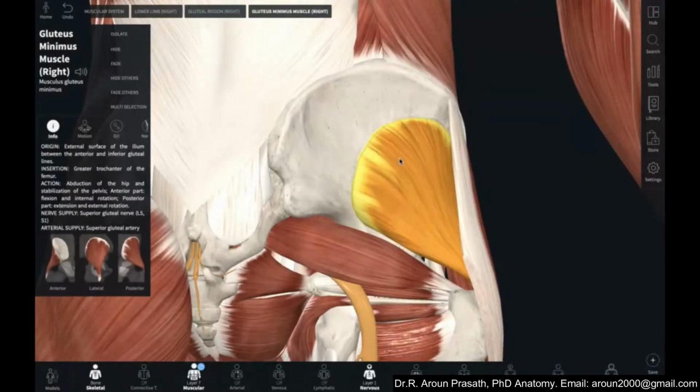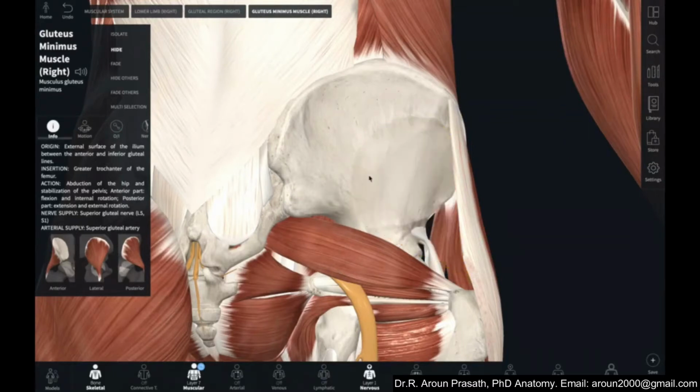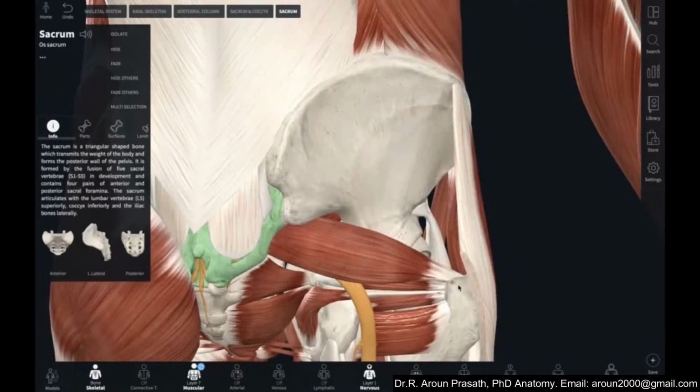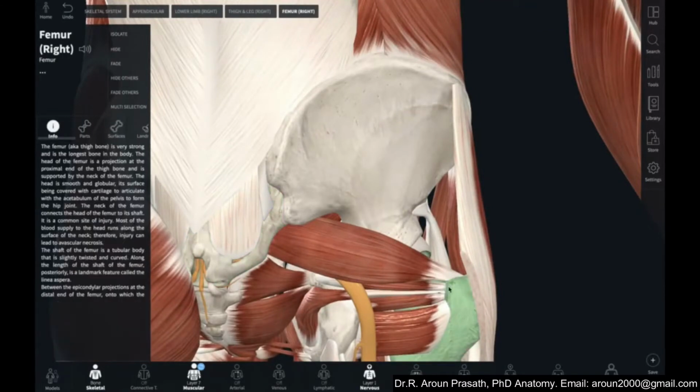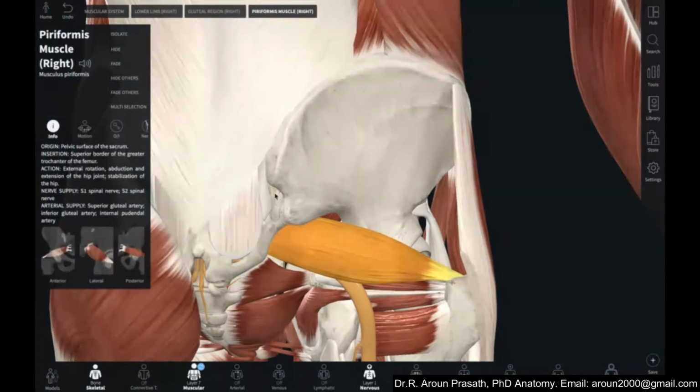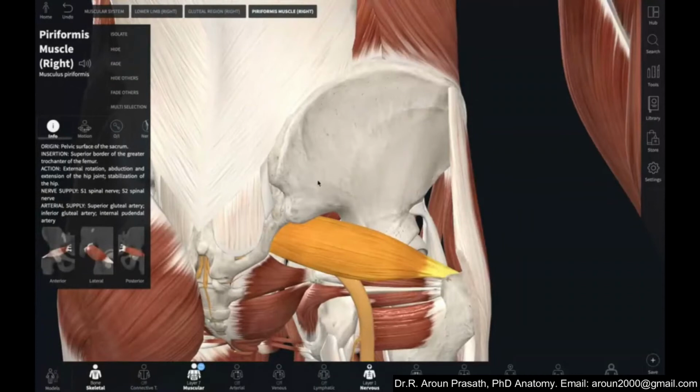All these muscles do the function of extension and abduction of the hip. Then between this sacrum and this area, the greater trochanter, there is a small muscle called piriformis.